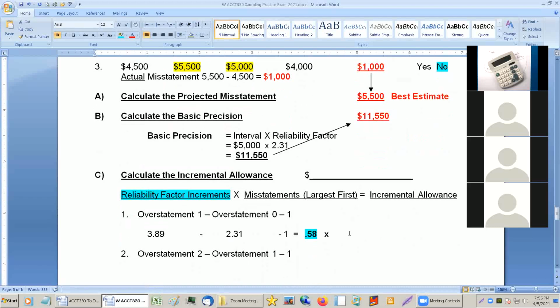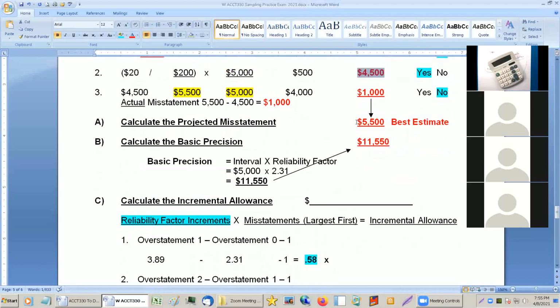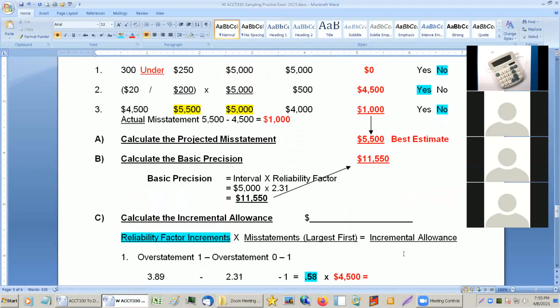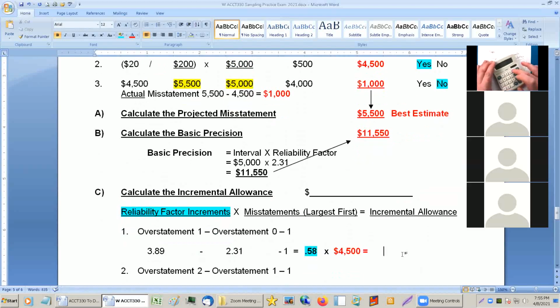That's the 4,500. So 0.58 times 4,500 is 2,610.